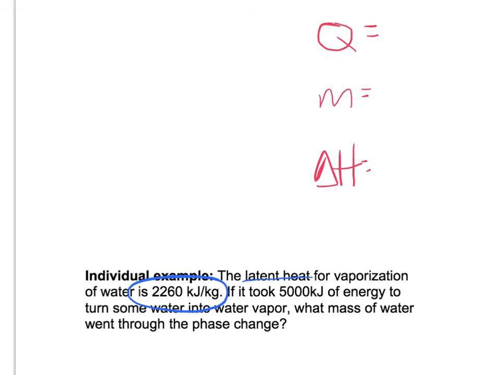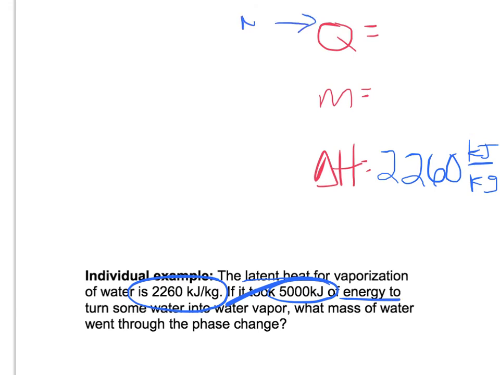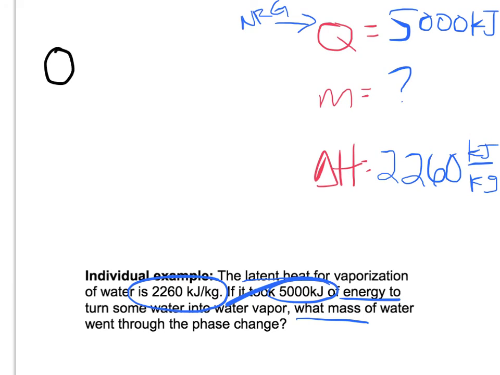So I write that for H. The next number that's given to me is 5,000 kilojoules of energy, and I know energy is also Q. So I can plug that in right there. And it also asks me what mass of water went through the phase change, so I know that that is what I'm looking for. And I know my equation is Q equals M delta H.